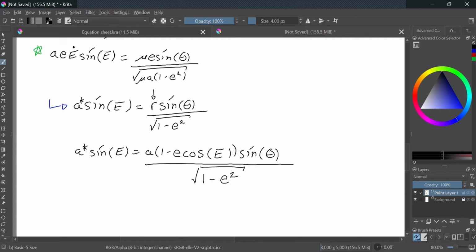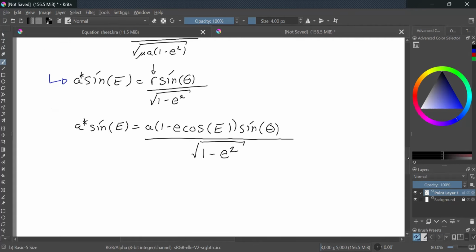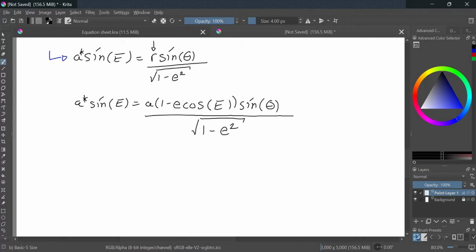All right, so let's solve for sine now. We still have the problem of two different angles that we're trying to solve, but we can put one in relation to the other.